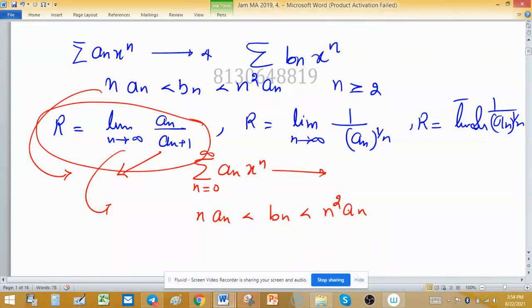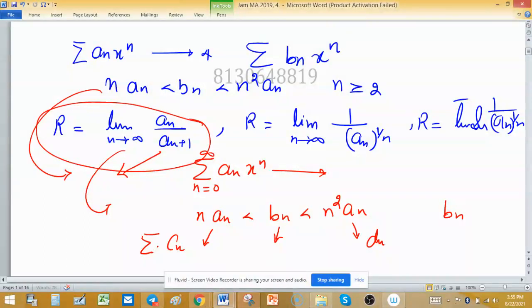So what is the concept to solve this problem? We have to find the radius of convergence of the series in which the coefficient is bn, and bn is the middle term. So suppose we consider the coefficients of other series, say cn and dn.